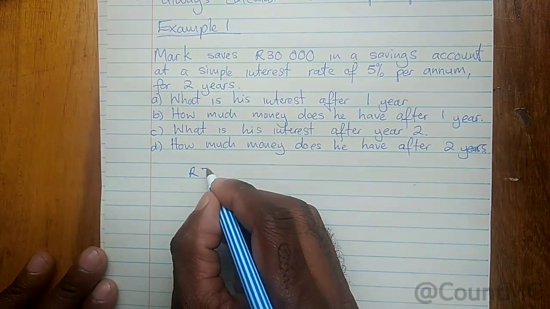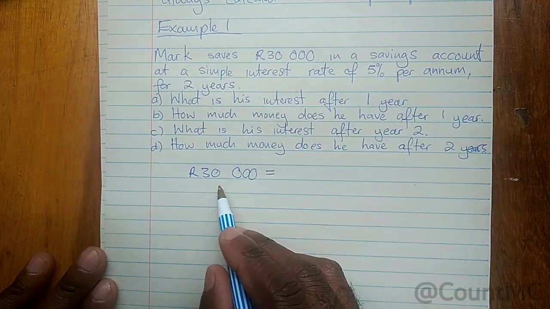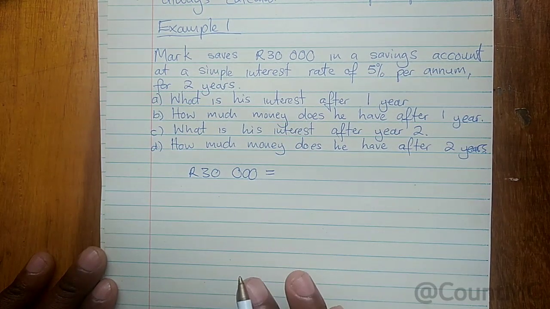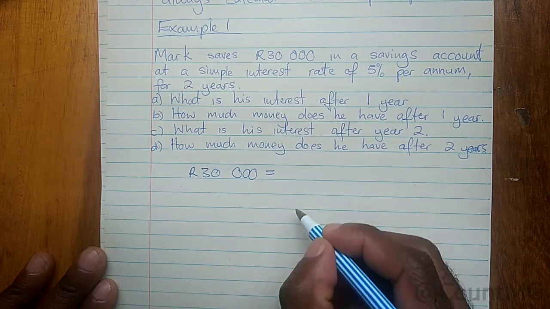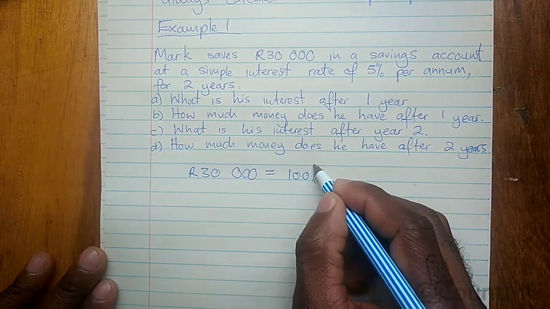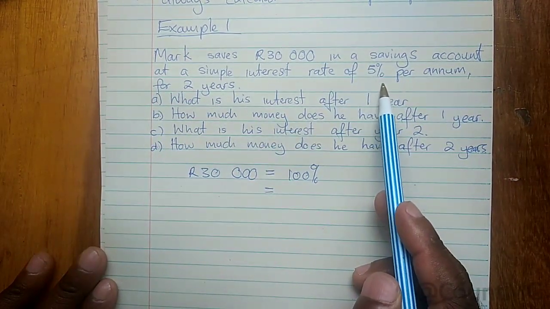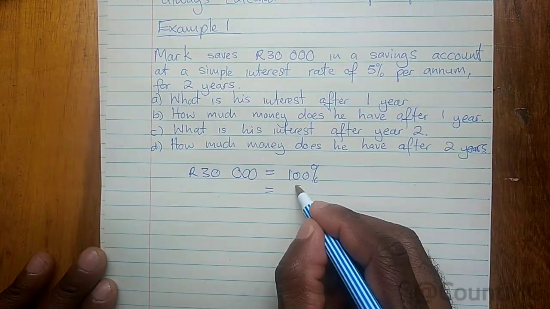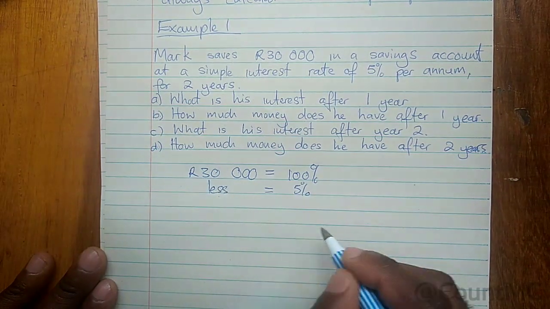We know that he's going to deposit 30,000 rands. This is the amount which has not had anything added, which doesn't have interest yet, so it's the 100%. And the interest is 5% per year. So 5%, this should be less.